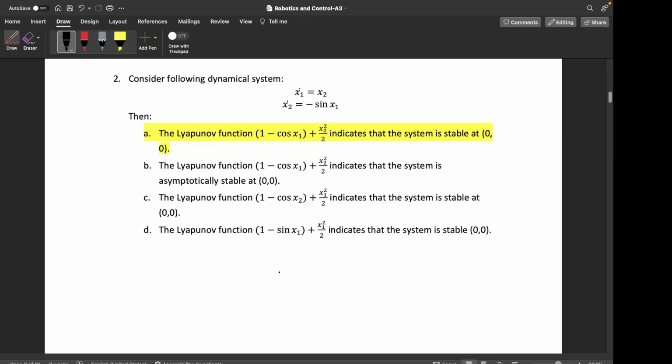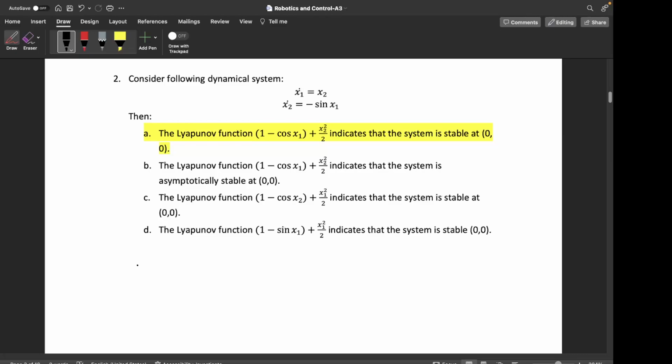This question covers the concept of Lyapunov functions. We know that Lyapunov functions can be used to comment on the stability of equilibrium points of a dynamical system. There are a couple of properties about which functions can be called Lyapunov functions.